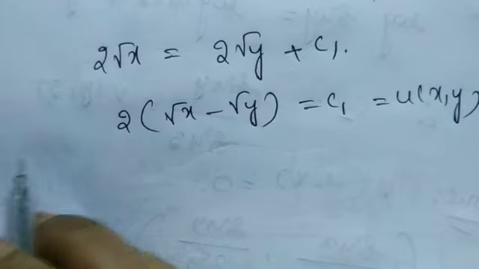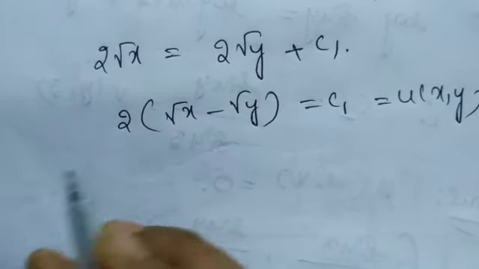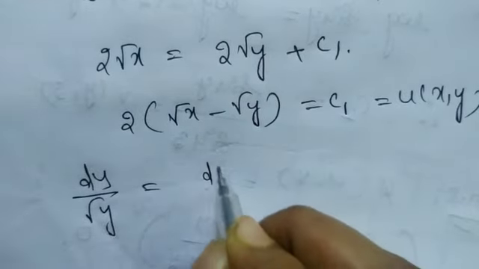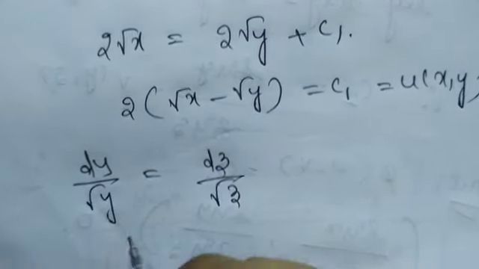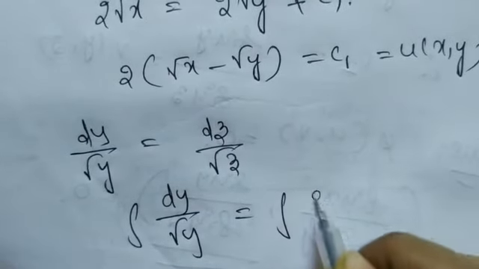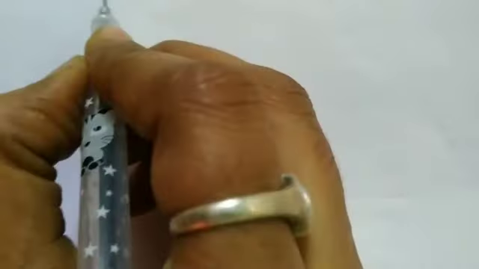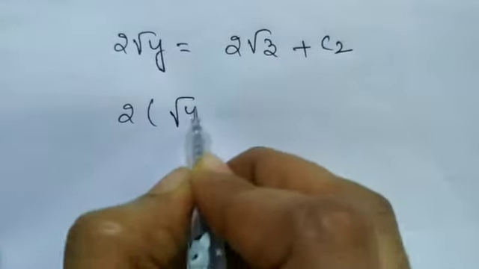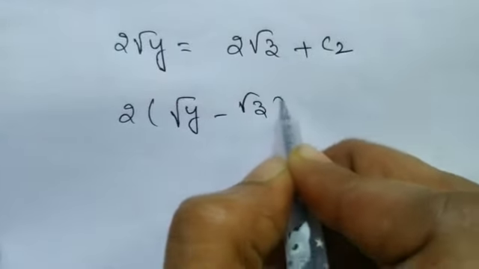Next, by taking the last two subsidiary equations, dy by root y equal to dz by root z, integration of dy by root y equal to integration of dz by root z. Then 2 root y equal to 2 root z plus c2, so 2 into root y minus root z equal to c2.